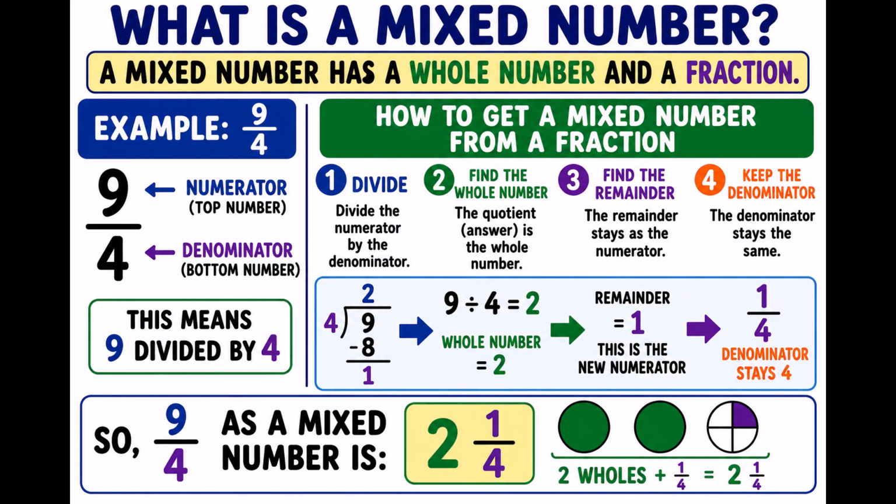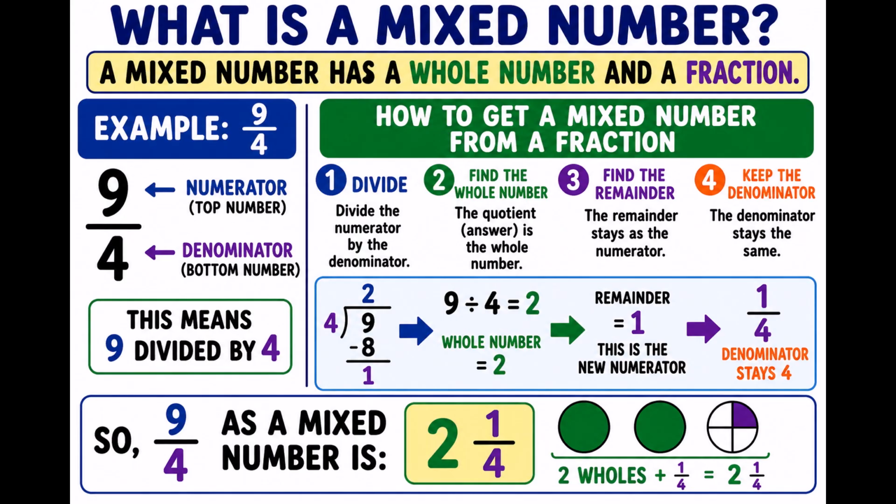So let's look at that picture. It shows 2 whole shapes. Towards the bottom, it shows 2 whole green shapes, 2 whole green circles. 1 out of 4 parts of another shape is also present.